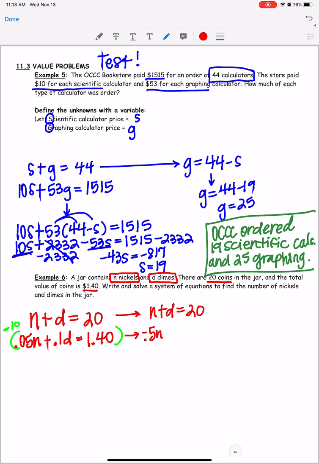And that will be negative. Negative 10 times 0.1 is a negative 1, so negative D. And negative 10 times 1.40, you're basically just moving that decimal place over 1 in all of these. So this equals negative 14.